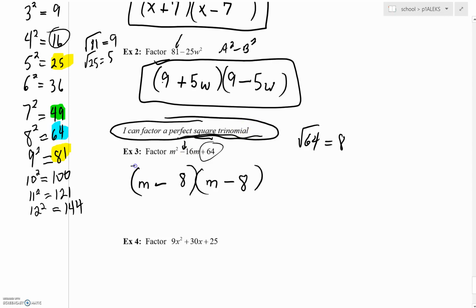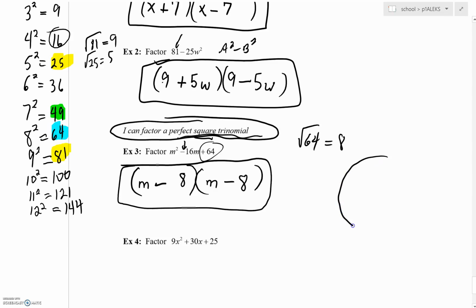Perfect square trinomials must have identical factors. They're always going to be exactly the same parentheses. Now, I want to tell you too, even if you didn't do it this way, you'd get the same answer if you would have plowed through here just saying, hey, I've got a 1 out in front, I've got to multiply to a positive 64, I've got to add to a negative 16.